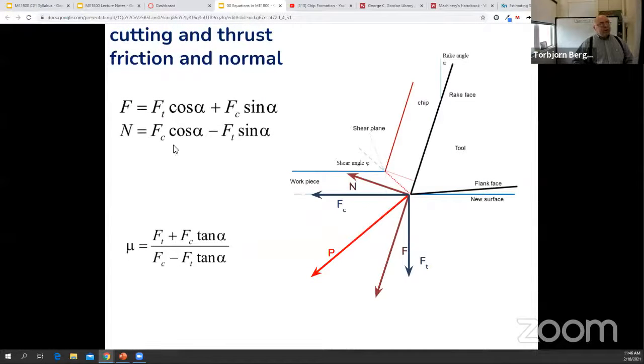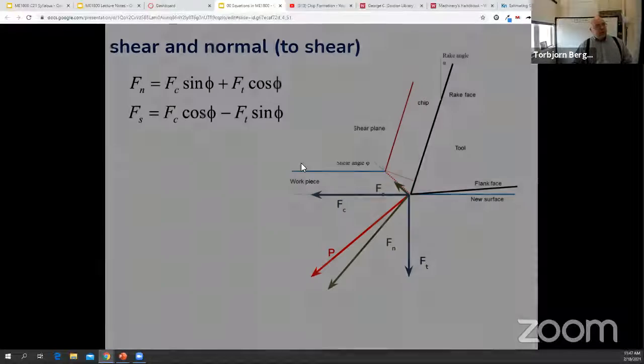We also can figure out that the cutting force and the thrust force are related to the friction and normal forces because of the rake angle, because the friction force is aligned with that rake angle. And so we can make that conversion.